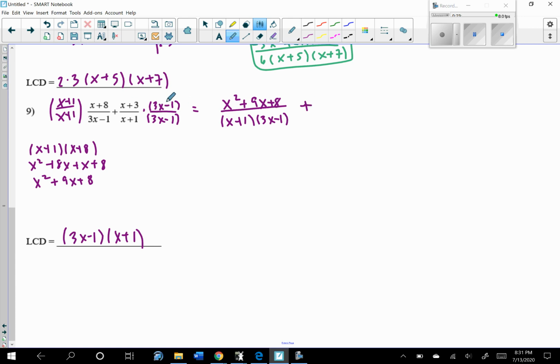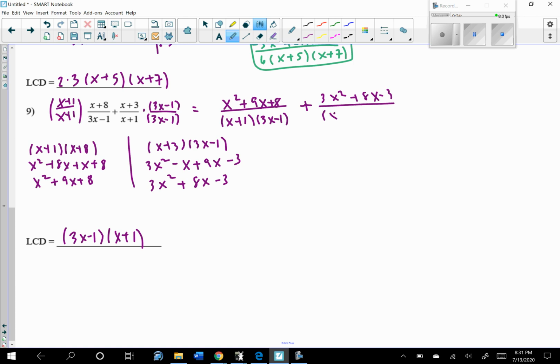Plus, now I need to FOIL this other numerator. So x plus 3 times 3x minus 1. So that gives me 3x squared minus x plus 9x minus 3. So that gives me 3x squared plus 8x minus 3 over x plus 1 times 3x minus 1.